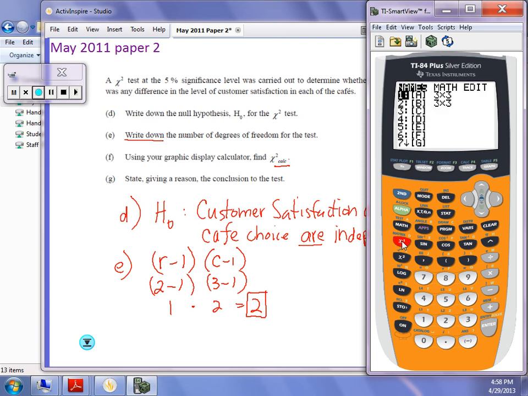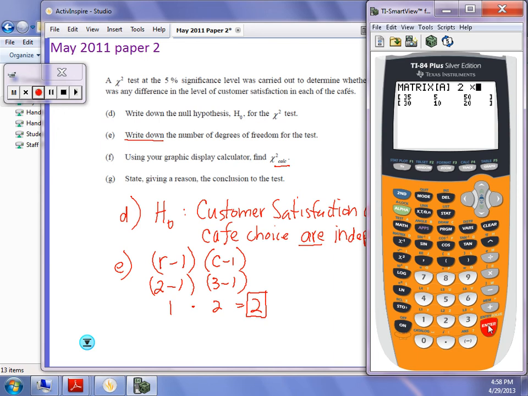And you're going to be setting up a new matrix. So go over to edit and hit enter. And remember the calculator is doing row by column. So we had 2 rows and 3 columns.